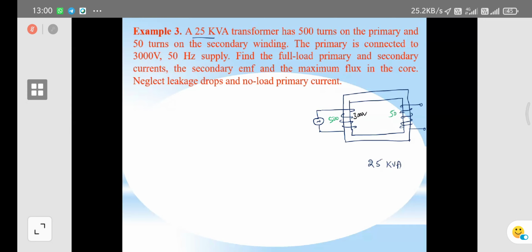Find the full load primary and secondary currents, the secondary EMF and the maximum flux in the core, if you neglect the leakage drops and no load primary current. So please do this problem first.